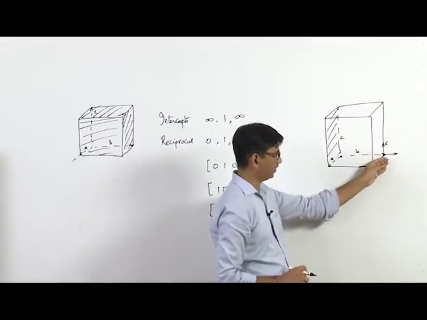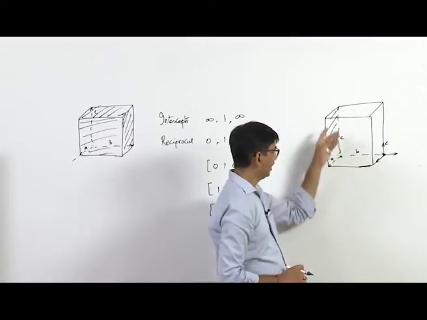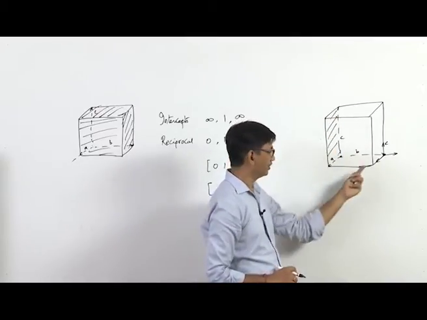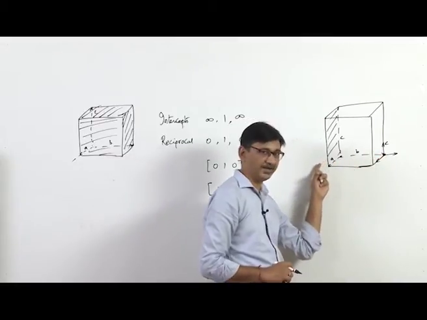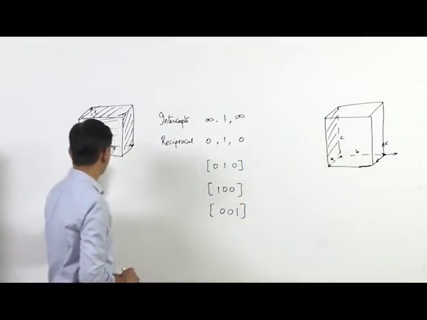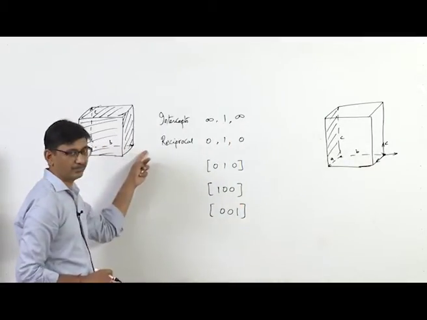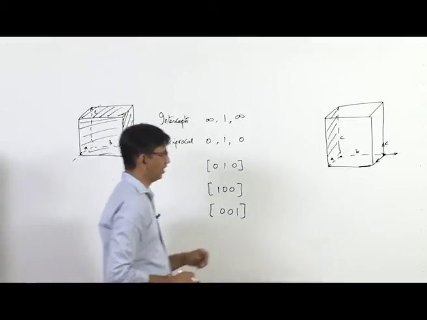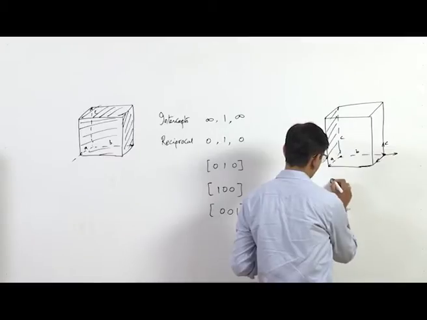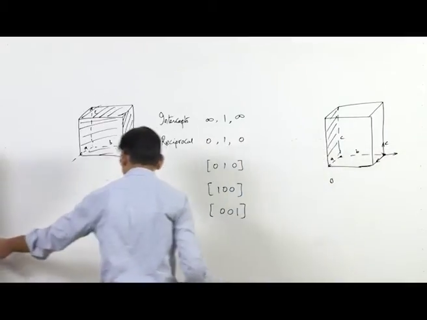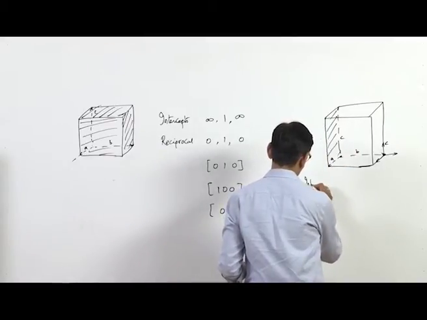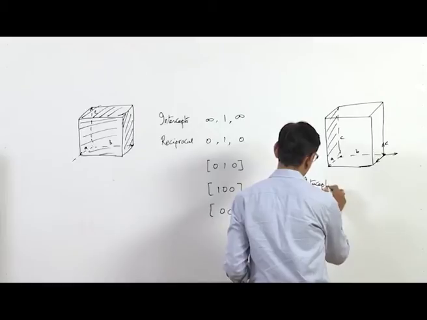So now I keep the same thing, this is my origin now, and now I see where this particular plane is making an intercept. So it makes an intercept in the negative direction of B now. In the earlier case it was making the intercept in the positive direction of B. So when it makes it in the negative direction, if I want to write the intercepts again, I will write the intercepts here first.